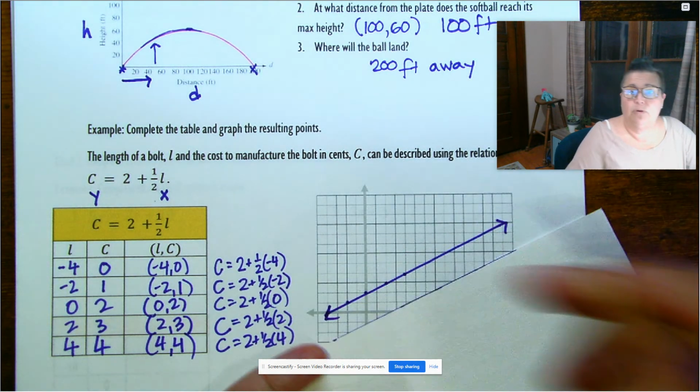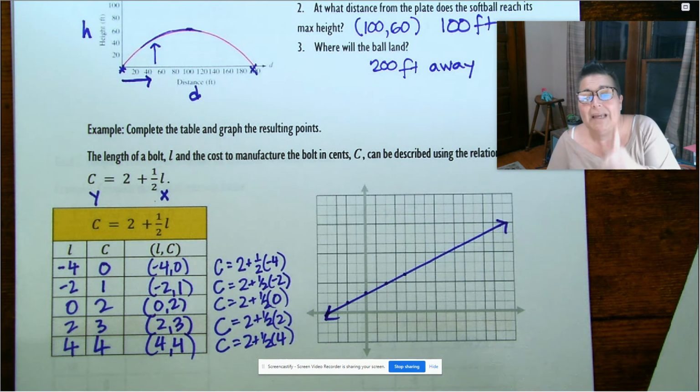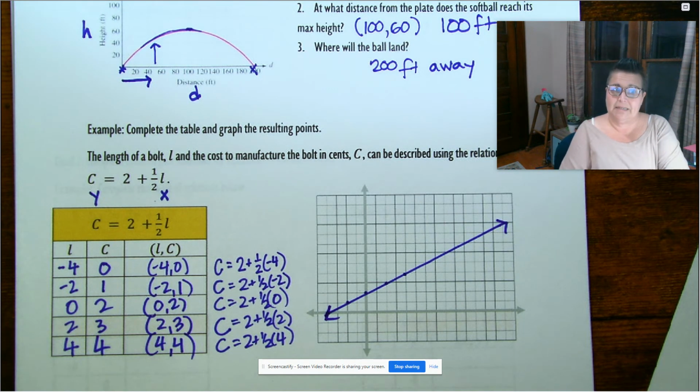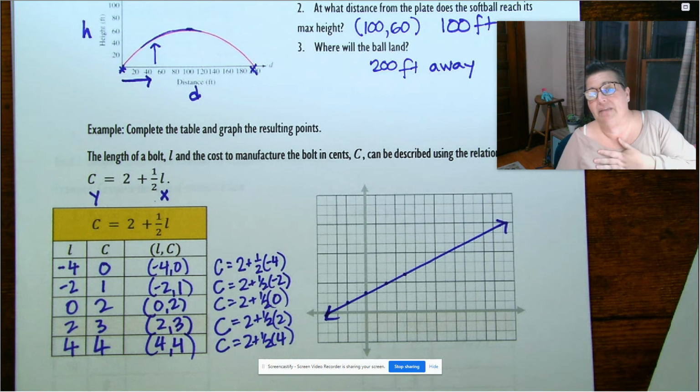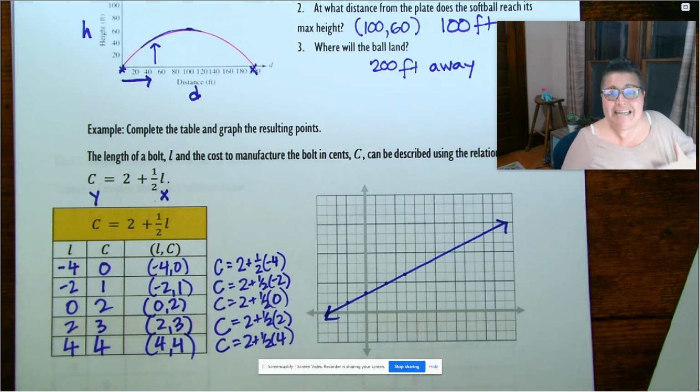Here's where we need to put on some critical thinking. Can we have the length of the bolt in the negatives? I can use it to plot the graph. That's not a problem. But in reality, I cannot build a negative bolt. I cannot build a bolt that has a negative measurement.